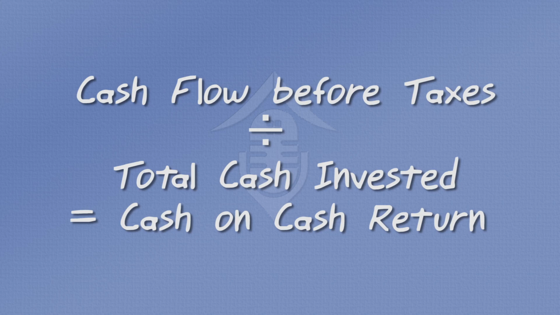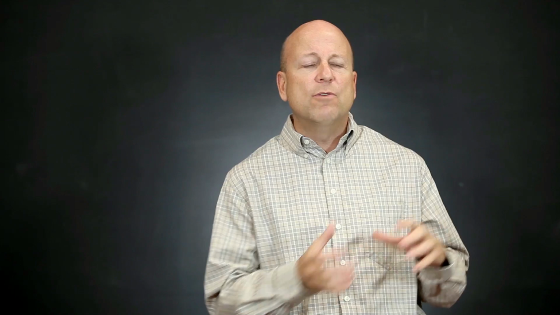This is valuable for some of the funds that I've been buying houses for, wherein they can know, hey, I could be over here in the stock market and get this rate of return, or I can be in this series of houses over here and get this rate of return. So a cash on cash return, again, is quite simply the cash flow before taxes divided by the cash invested. It's a great return if you're just trying to figure out which investment vehicle you should be in.